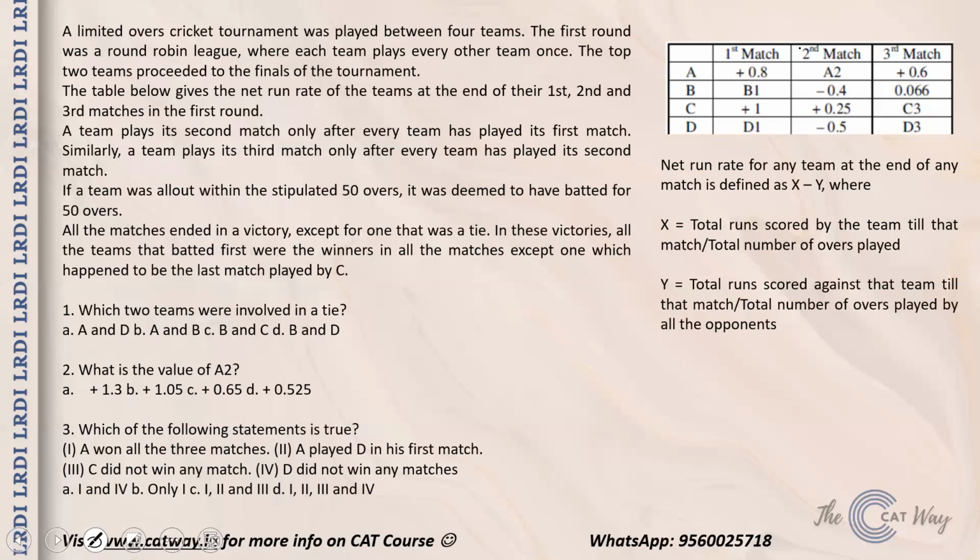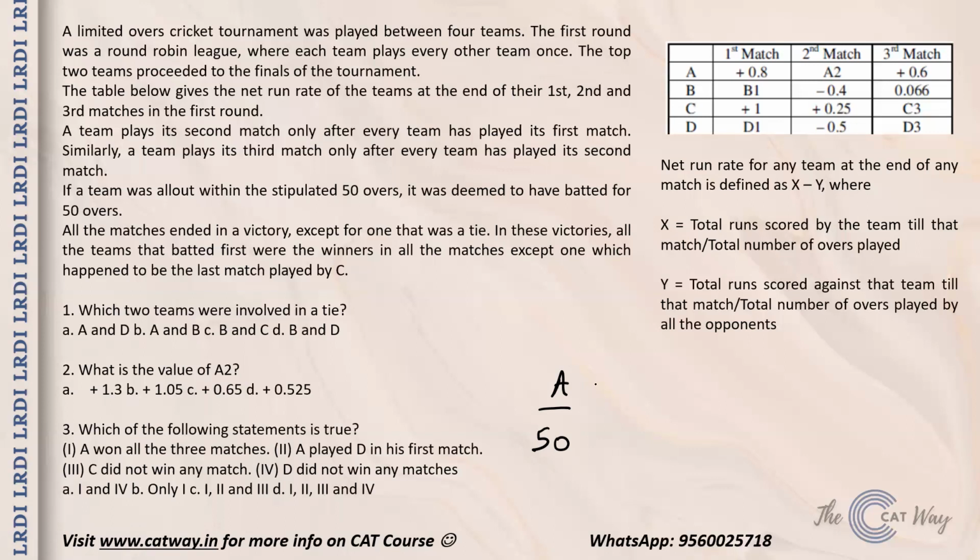Okay. Now you know after the first match, the net run rate of A is 0.8. Now how did we arrive at that 0.8 number? It was the number of runs that team A scored divided by 50, total number of runs till that match, total number of overs played.